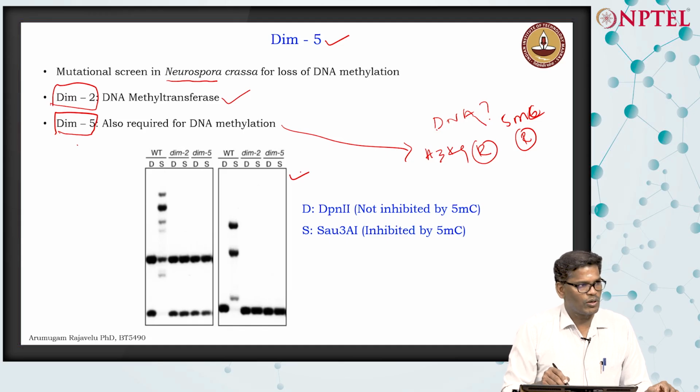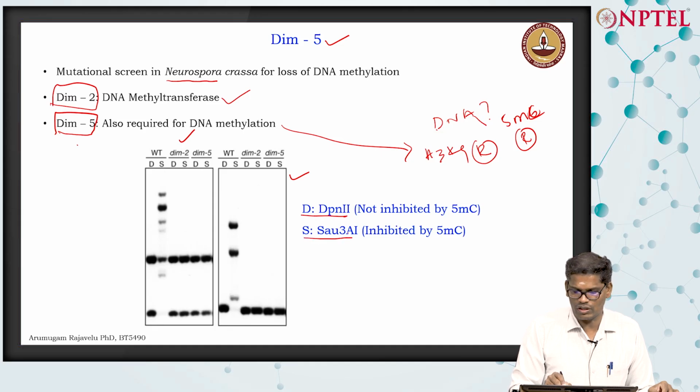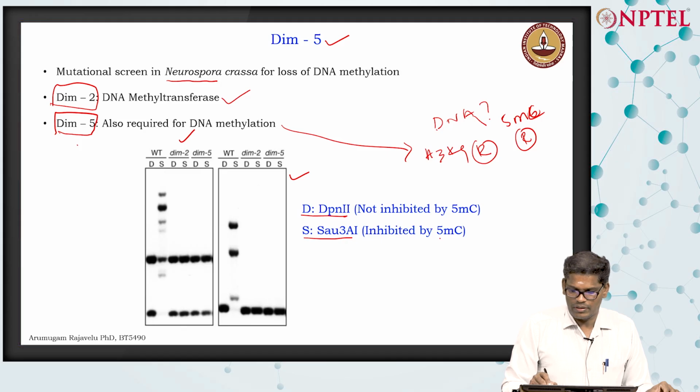You see, this is one of the approaches I explained during the DNA epigenetic methods, restriction enzyme based assays. Just focus on the first picture. This is a wild type. D is DpnII digested and S is Sau3AI digested. For the S enzyme, the 5-methylcytosine blocks the activity of this enzyme, whereas DpnII can digest.